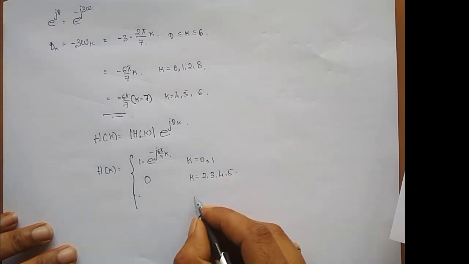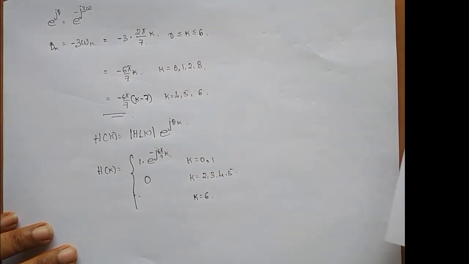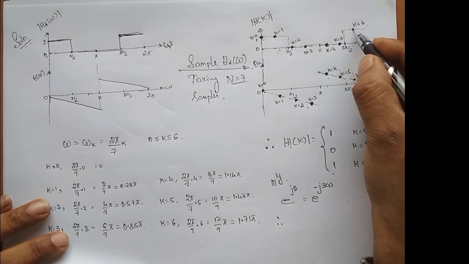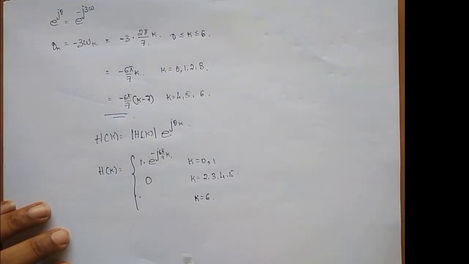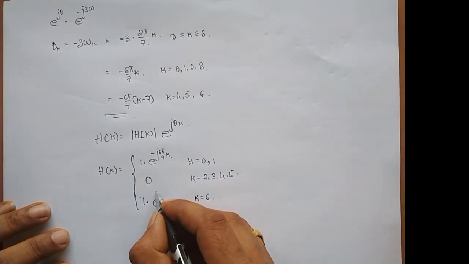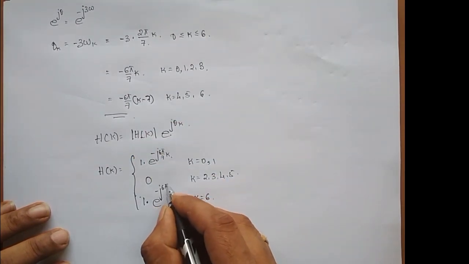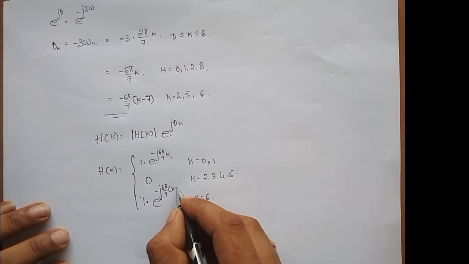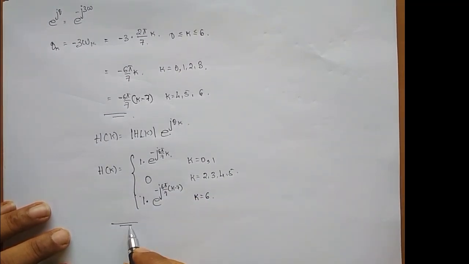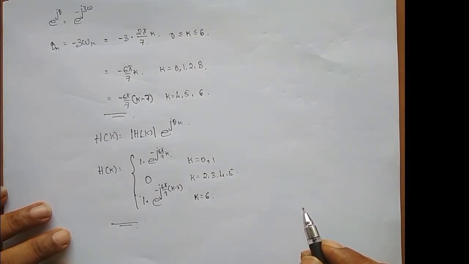So for k is equal to 6, the last sample, magnitude is 1 times the phase. For k is equal to 6, what is the phase? It is e power minus j 6 pi by 7 into k minus 7. Okay, so this is the combined magnitude and phase response of h of k.